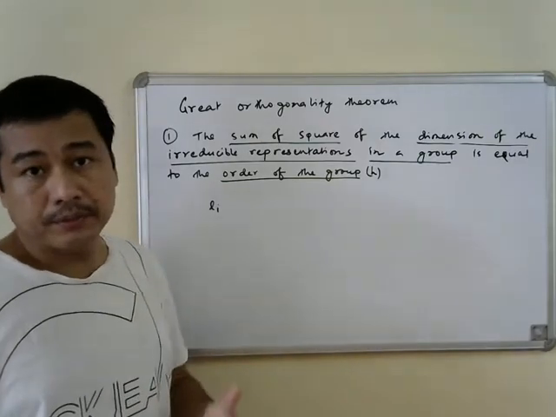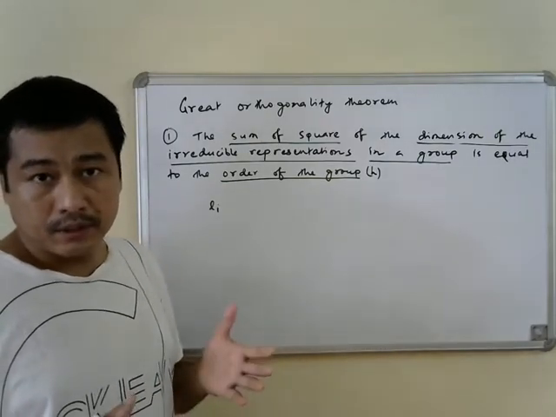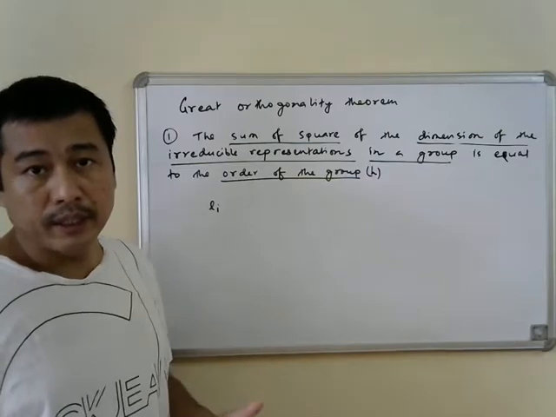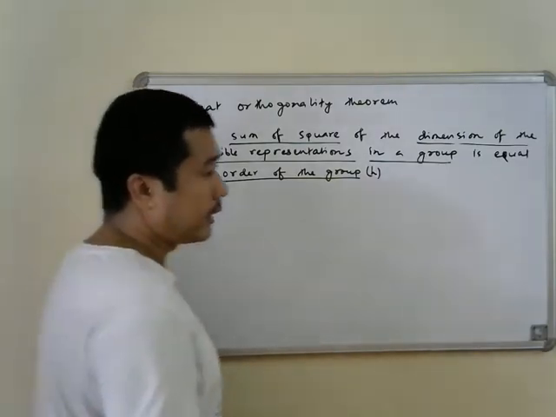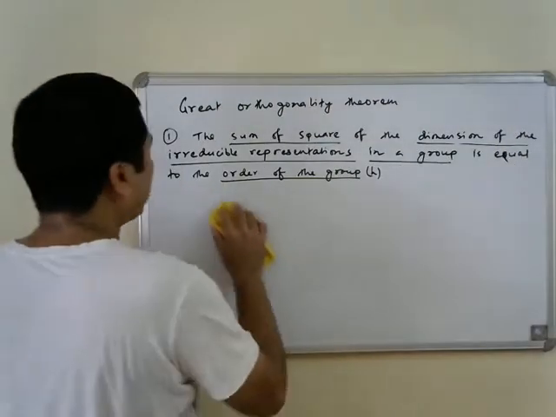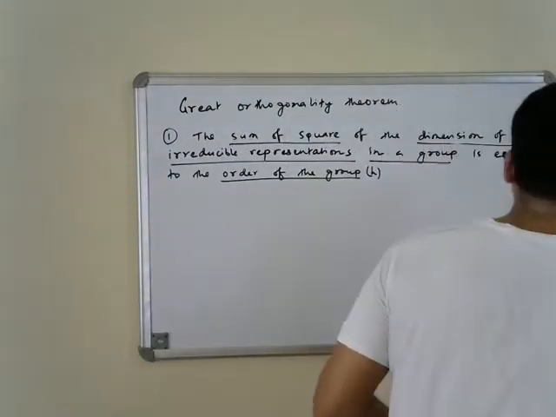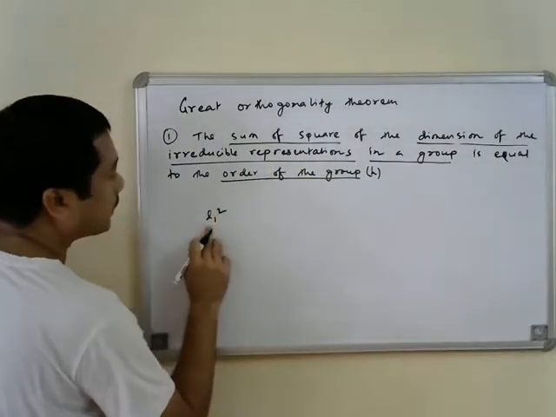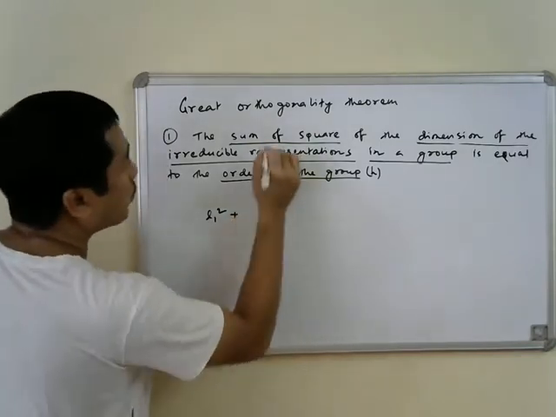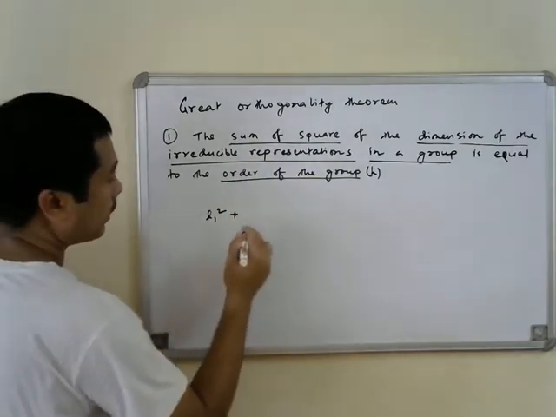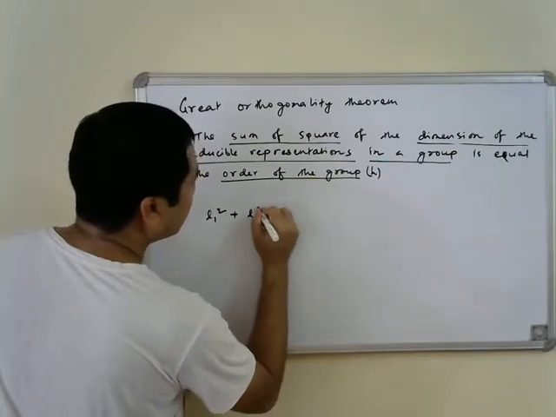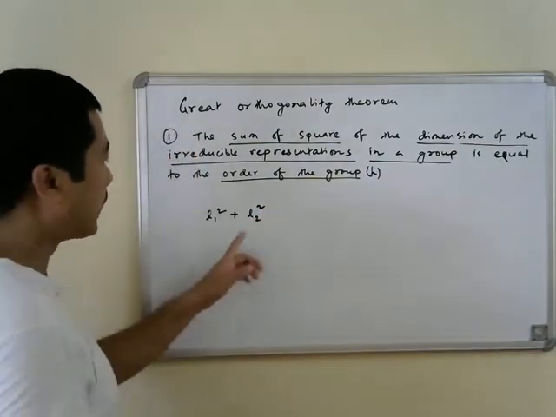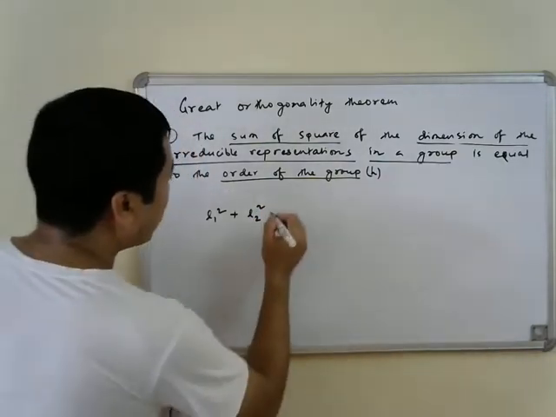So if we have a total of I irreducible representations within a given group, let's assume that the dimension of the first irreducible representation is L1. We take the square of the dimension, that is L1 square. For the second irreducible representation, we assume the dimension to be equal to L2, and so on.